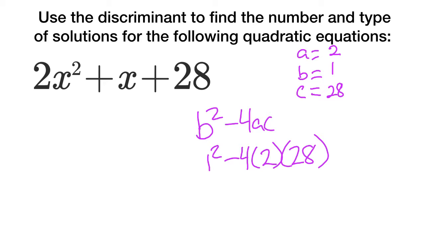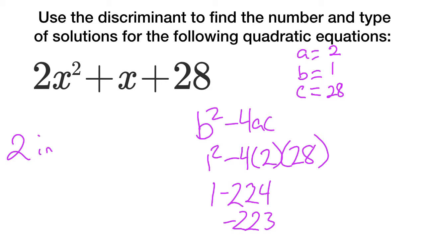Now, to be honest, looking at this already, I can see that there's no way that 1 is going to be greater than this number right here, which, let's see, that's 8 times 28, so it's going to be 224. So 1 minus 224, which means negative 223, which means 2 imaginary roots. Or I should say solutions.